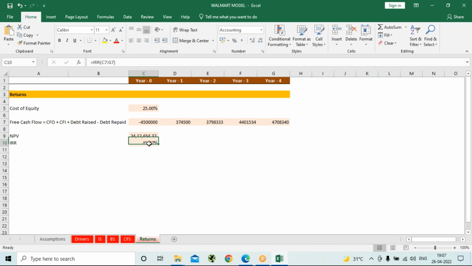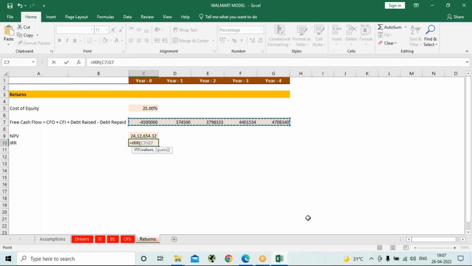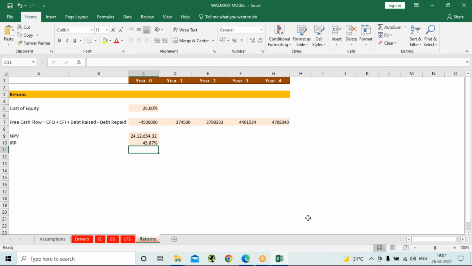And the IRR value will be calculated on the cash flow values. Equals to IRR. So which gives us the internal rate of return of 45.87%.